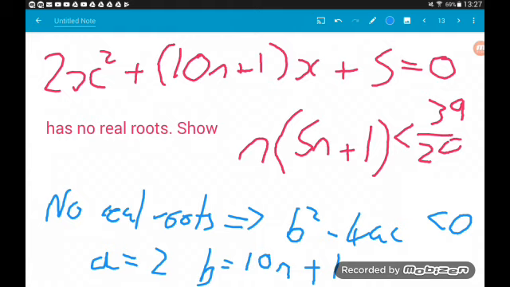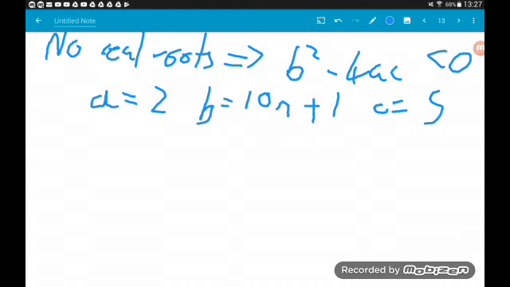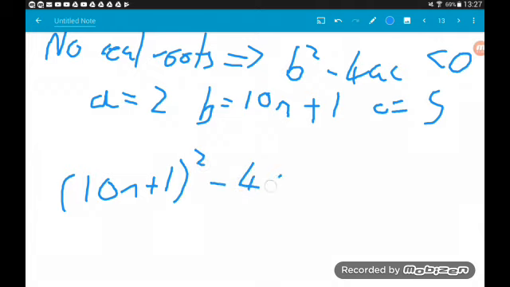And C is 5. Okay, so now we're plugging these three things into our discriminant. So, we are going to get 10n plus 1 squared minus 4 times 2 times 5. Now we know that is less than 0.